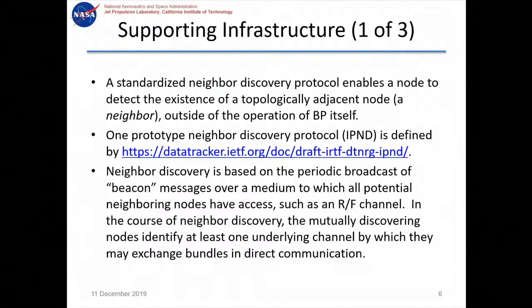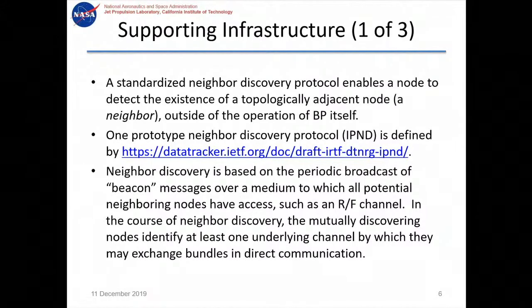One is that we've had for a long time now a standardized neighbor discovery protocol, which enables a node to discover one or more existing topologically adjacent neighboring nodes. And it does that by listening for beacon tones on some general medium that everything in the network is supposed to have access to.